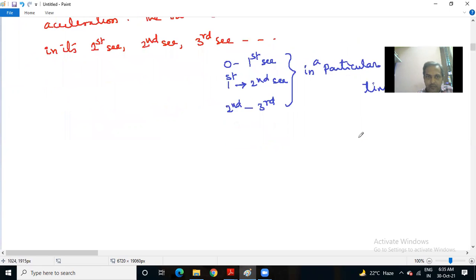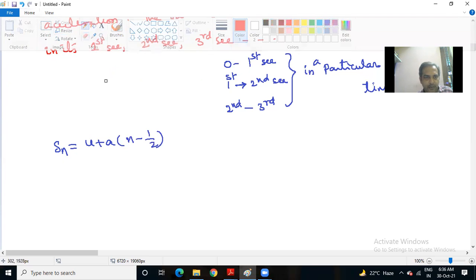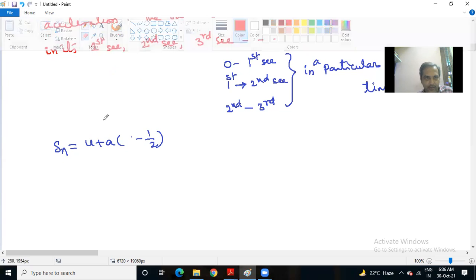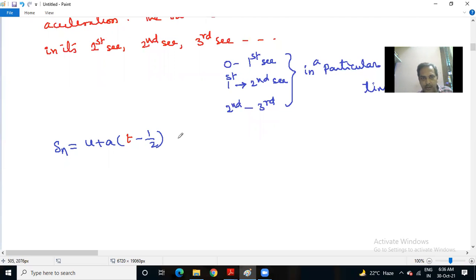Okay, so we have the equation of motion S_n equal to u plus a times (n minus half), otherwise you can take this as t also, tth second or nth second, both are the same. Now S_n, you call this as h_n. Since u is 0, first you write down h_n.